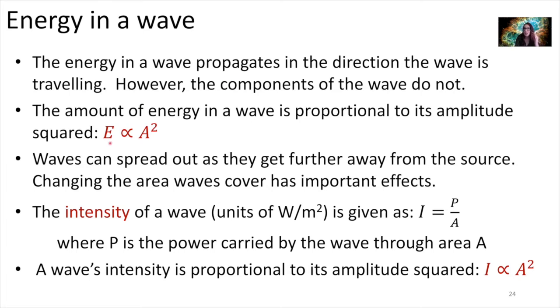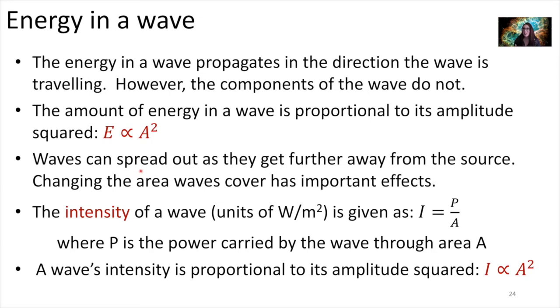Okay, so the amount of energy in a wave is proportional to the amplitude of the wave squared. So the energy of the wave is proportional to, that's this little sideways symbol, A squared, the amplitude of the wave squared. Okay, waves can spread out, and not just can, they do spread out as they get further away from the source that created the wave. And this changes the area waves cover, and that has important effects on the intensity of the wave.